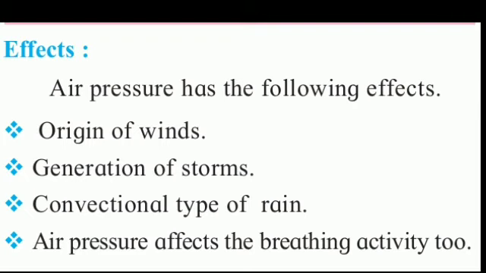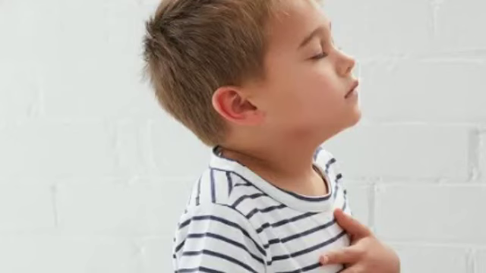We have also seen the third one, that because of air pressure we see different types of precipitation, different types of rain in a particular region. Now the fourth one is that air pressure affects our breathing activity also. How come, student? As we move from a high pressure belt to a low pressure belt, we see a change in our breathing activity as well.